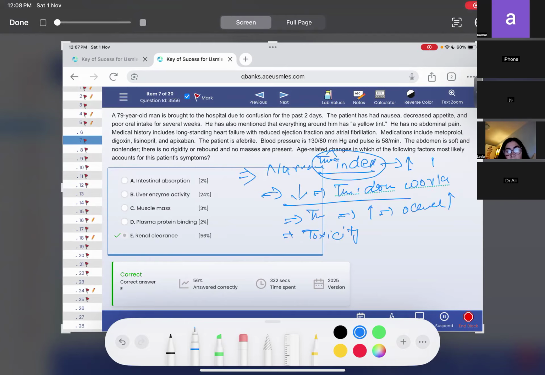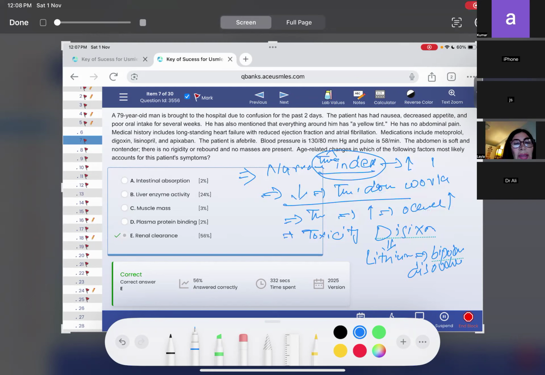This is present in two drugs: first digoxin, and second lithium, which is used in bipolar disorders.